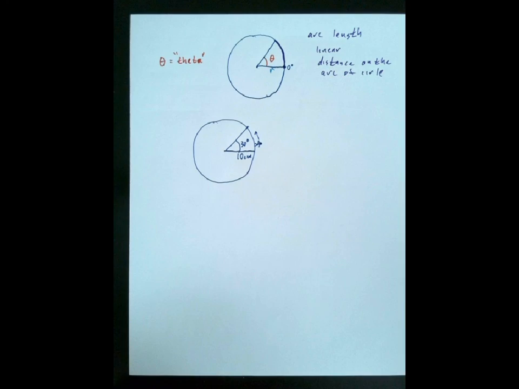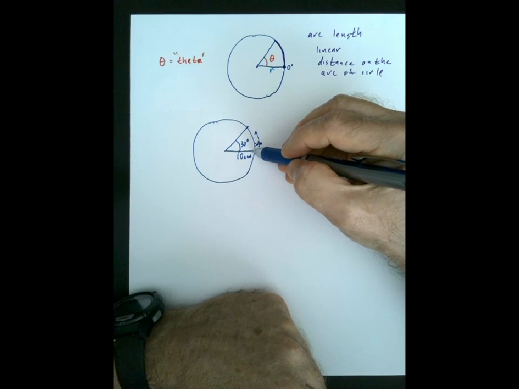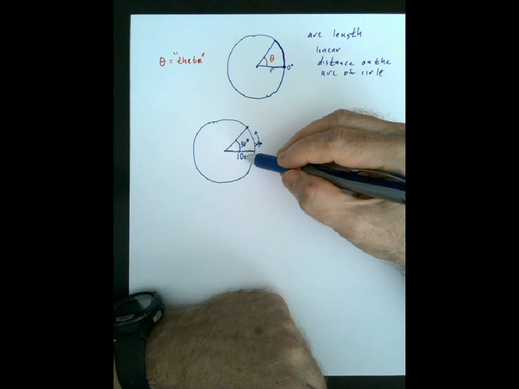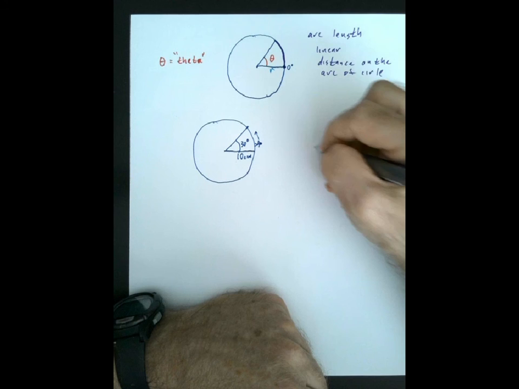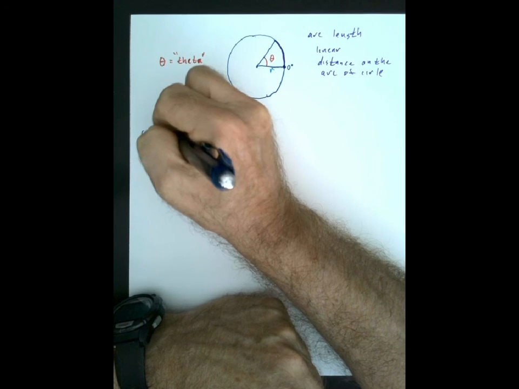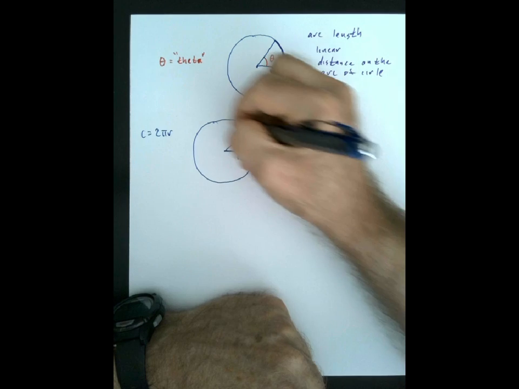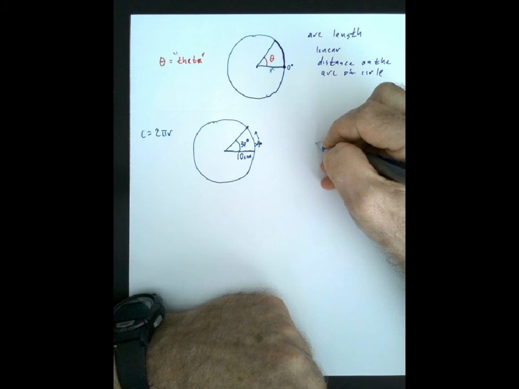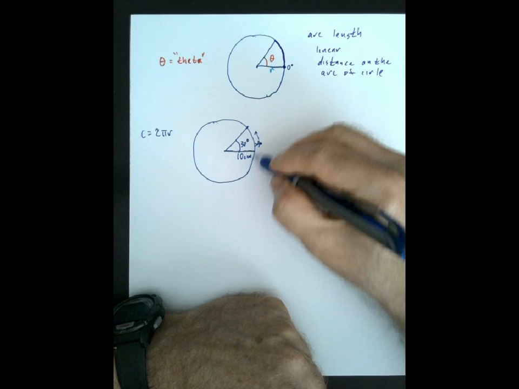Think about it this way. The entire circle all the way around is 360 degrees. The entire circumference of the circle, if you remember your circumference formula, is 2 pi r. That would be if we went all 360 degrees around.